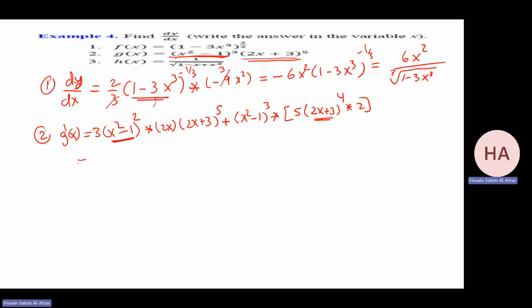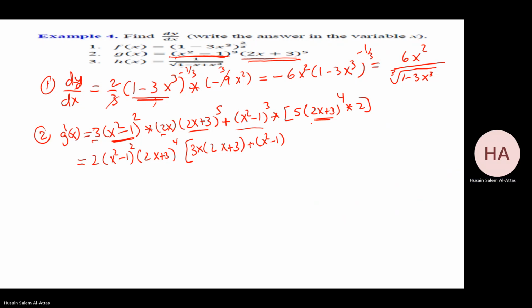Now I can take common factors. I have the numbers 3 times 2, 6. Here I have 5 times 2. So I can take 2 as a common factor. This one, I take the smallest power, 2, between these two. And 2x plus 3, I will take 4, the smallest one. Do the rest. Now what will that be? That will be 3x times 2x plus 3 plus x squared minus 1 times 5.